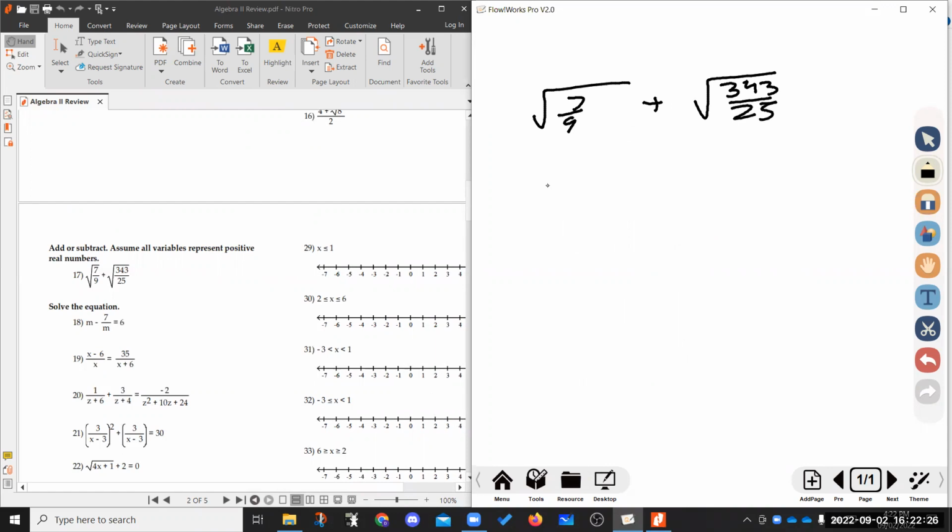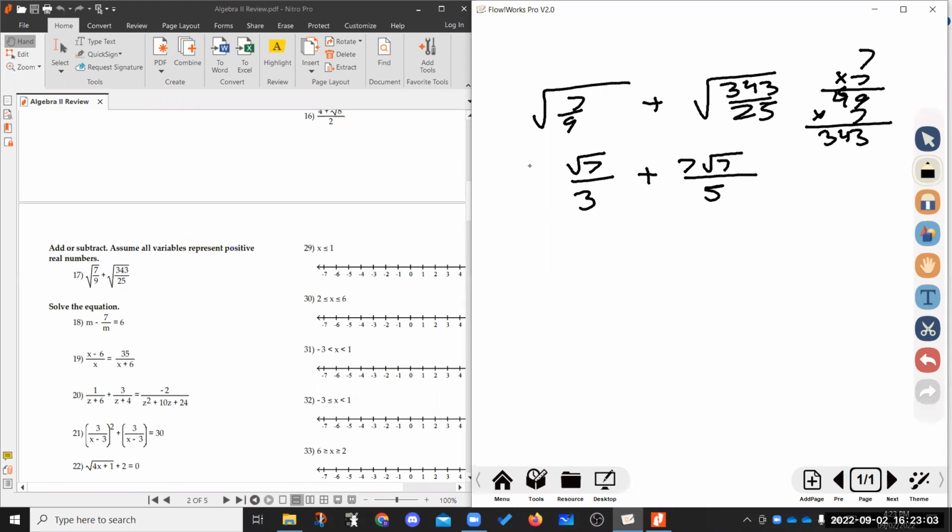So this is root 7 over 3 plus 7 root 7 over 5. 343 is 7 cubed: 7 times 7 is 49, times another 7 is 343.